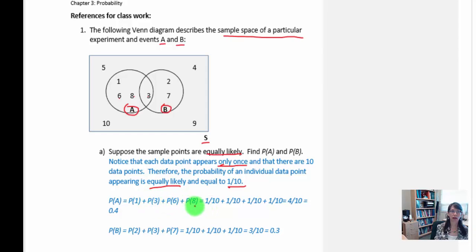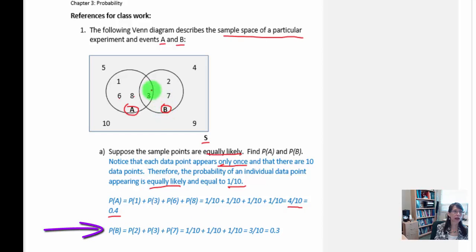Since each of those values appears 1 time only, each is worth 1/10. So we have 4/10, which we could call the decimal 0.4. So we could represent our probability as the fraction 4/10 or the decimal 0.4.